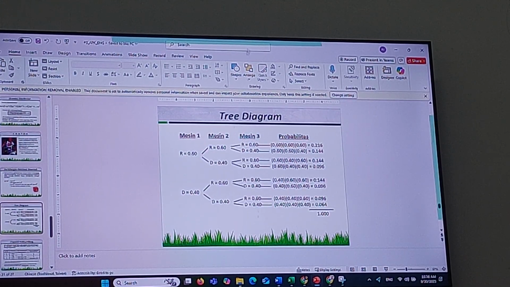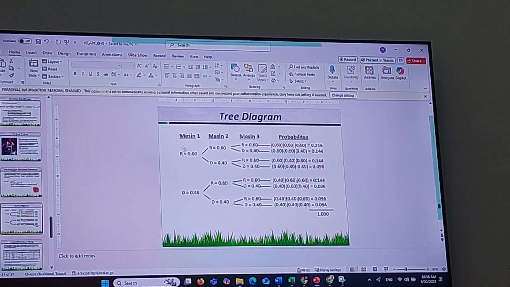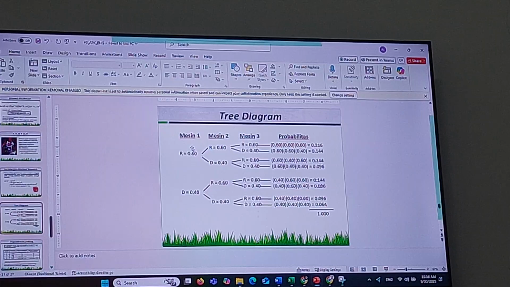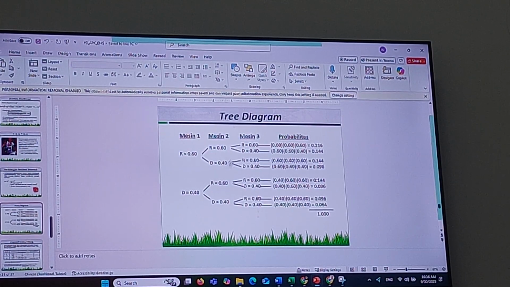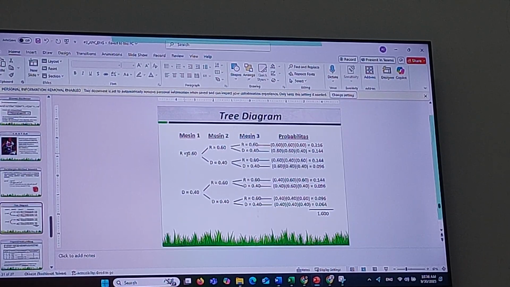Okay, and then continue. Based on the case, the probability is 60 and 40 for the time. And then we calculate one by one. Suppose the first machine is running, second machine running, third machine running, so the probability is this one.